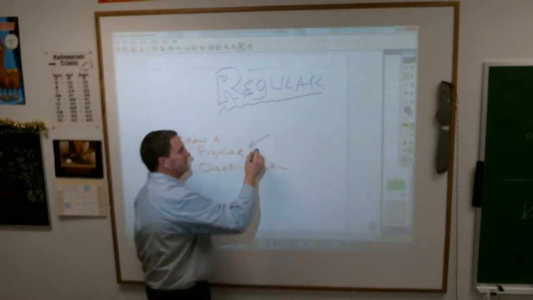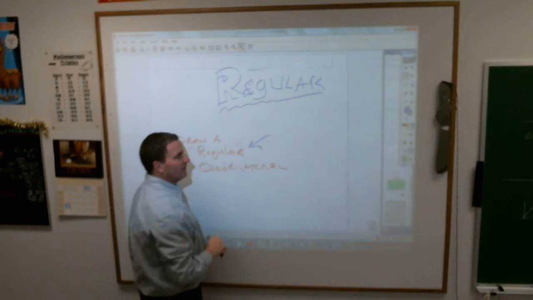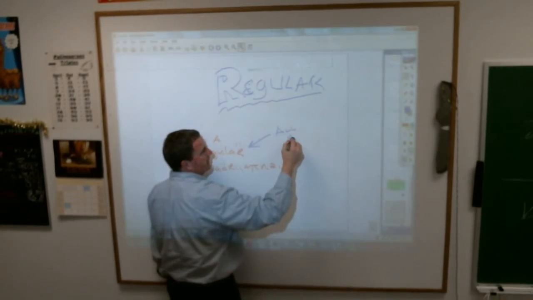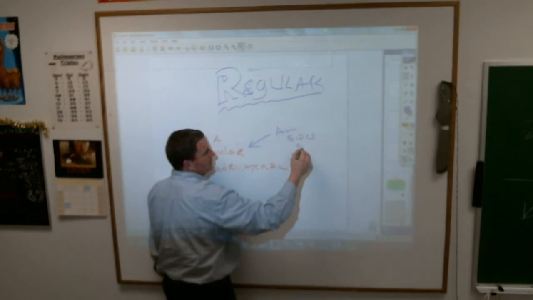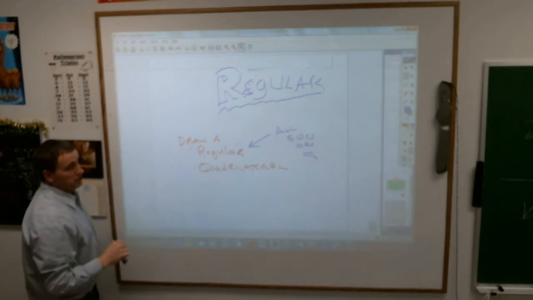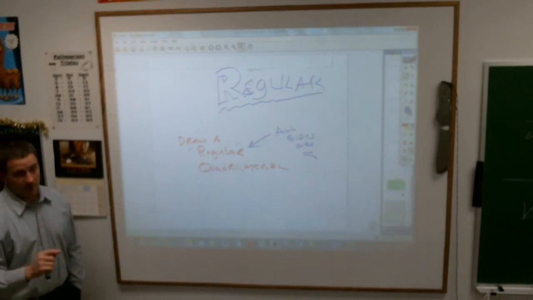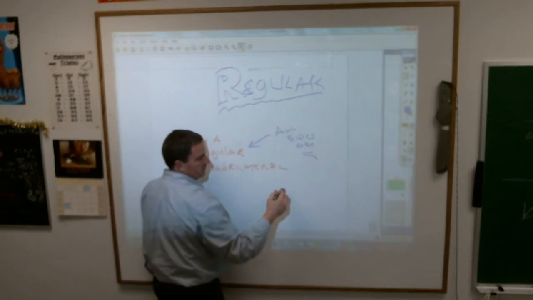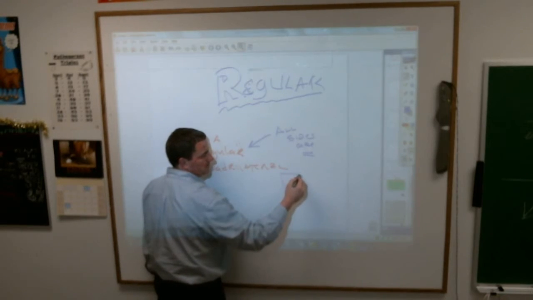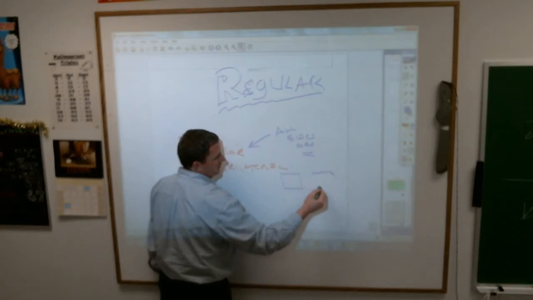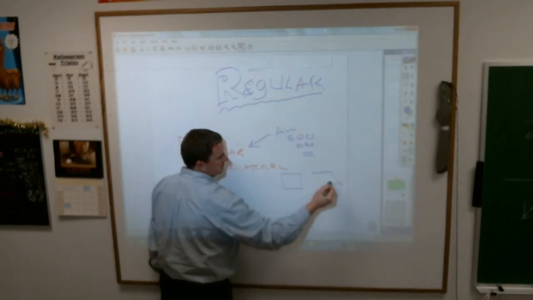It means that all sides are equal. For example, a regular quadrilateral means it has to be a square, or I guess it could be a rhombus.